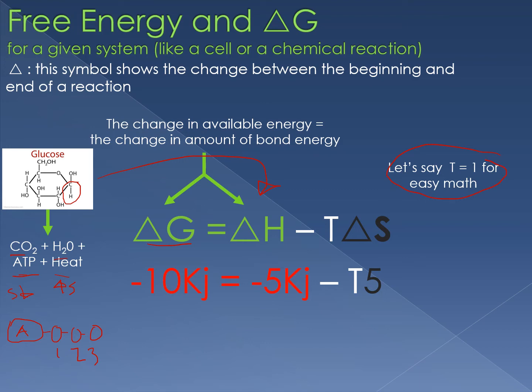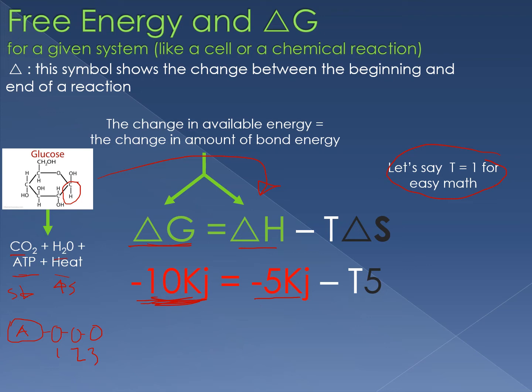Let's say T equals 1, because 1 is really easy for me to multiply. And let's also say delta G in this reaction leads to less free energy available. Also less bond energy available at the end than there was at the beginning. And to make the numbers work here, after this reaction has occurred, negative 10 kilojoules of free energy change, so there's less 10 kilojoules of free energy.